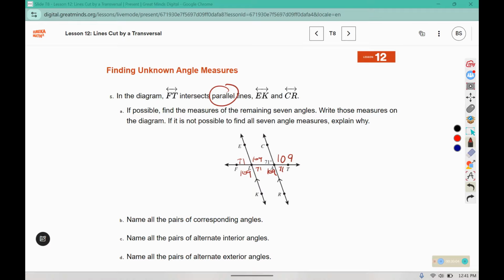So name all pairs of corresponding angles. CAT corresponds to ELA. TAR corresponds to ALK.